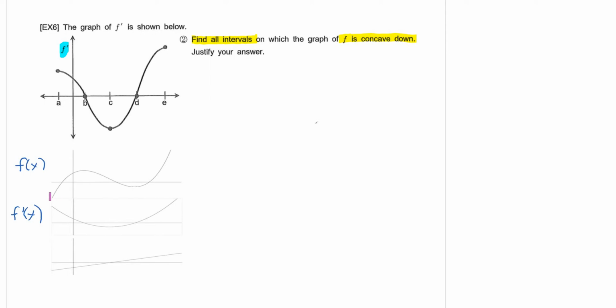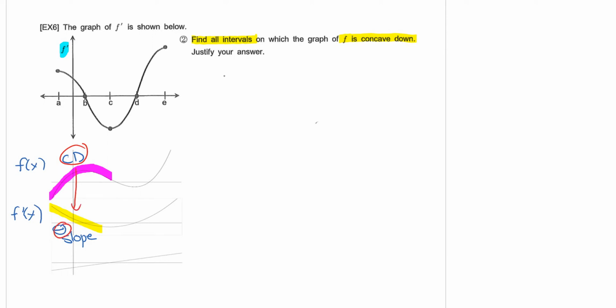On my original graph, this purple region right here looks to be the concave down region. Then ask yourself, what's happening to the derivative graph? Well, the derivative graph seems to be having a negative slope there. So when you're concave down on the original graph, the derivative will have a negative slope.